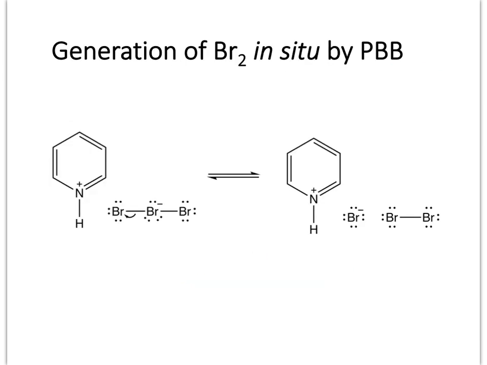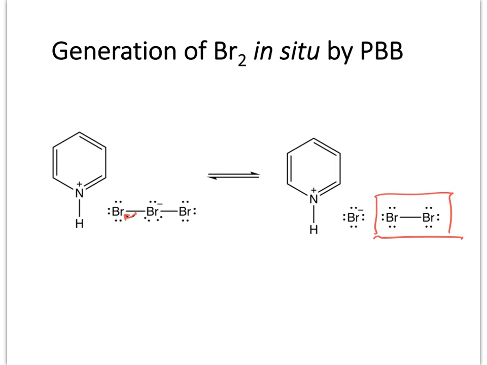And so in the glacial acetic acid, we get a decomposition of the bromide perbromide ion, right? A bromide ion acts as a leaving group, leaves behind molecular bromine.